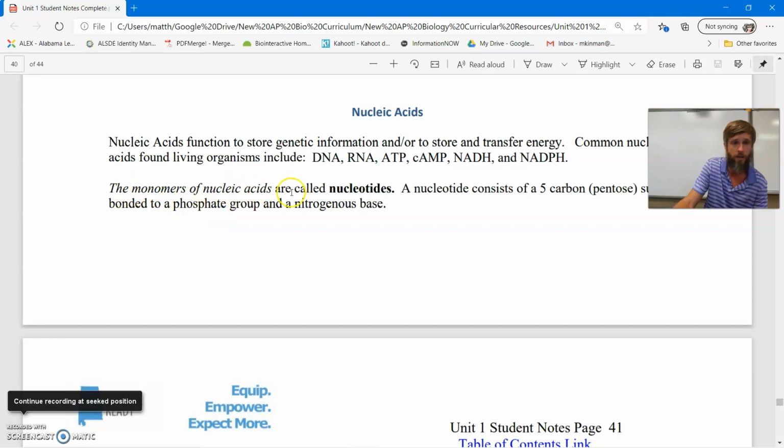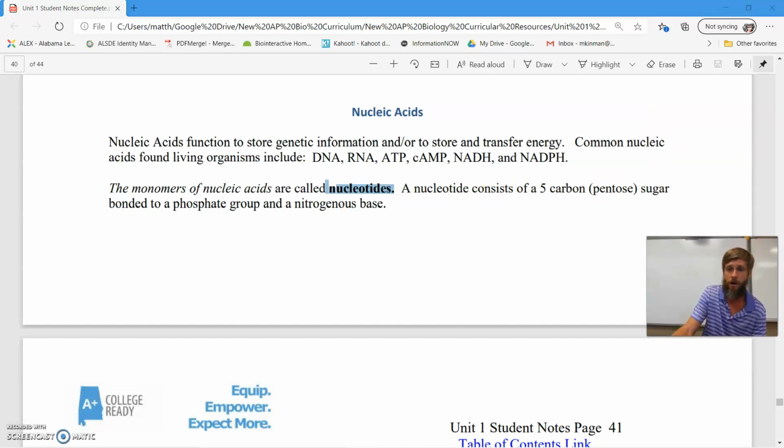The monomers of nucleic acids are called nucleotides. A nucleotide consists of a 5-carbon pentose sugar bonded to a phosphate group bonded to a nitrogenous base. So what are the 3 parts of one single nucleotide? We have the sugar, the phosphate group, and the nitrogen base.